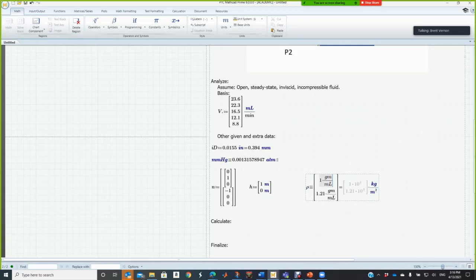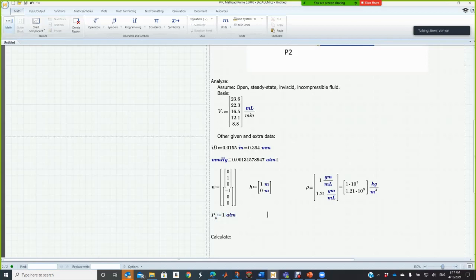So this is the fluid density and this is the tubing density. We also were given some pressures. So let's put a pressure at P1, which is known. It's actually the 0 position, the top, and is 1 atmosphere.